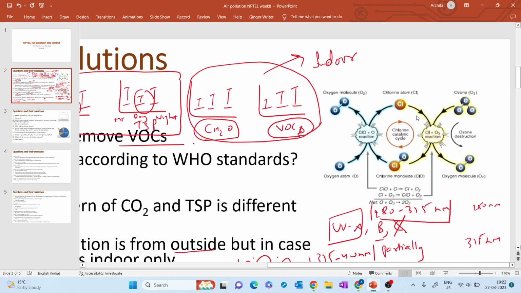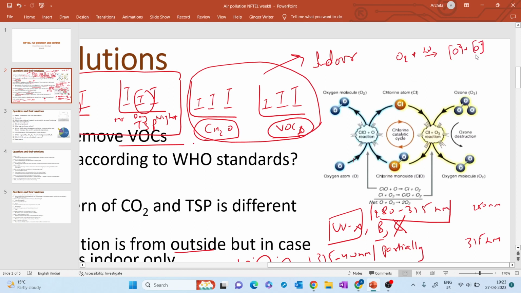So this figure was shown. ClO is chlorine oxide, let's say. What happens in the stratosphere generally is that there is oxygen there, and initially the oxygen will break down in the presence of UV and give oxygen radicals, or atoms you can say.